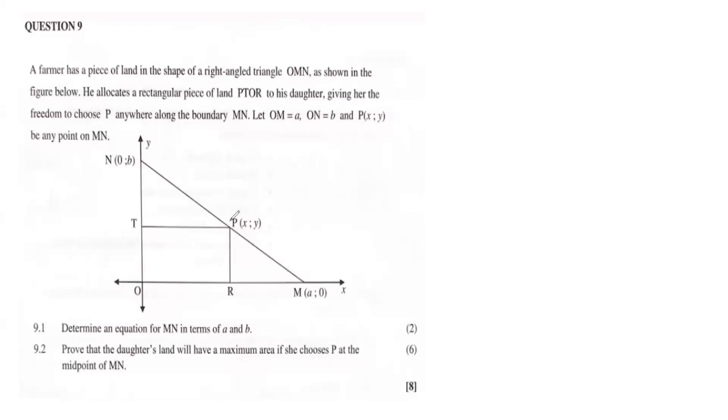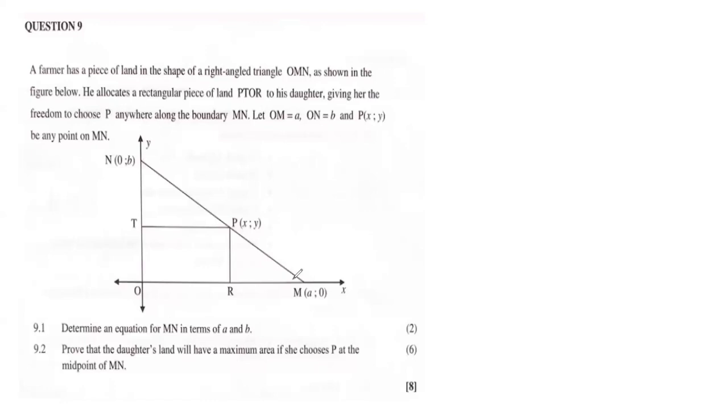So P can be anywhere along the boundary MN, which obviously would shape this rectangular shape differently. And then let OM be equal to A, ON be equal to B, and P(x, y) be any point on MN. Then 9.1 says determine the equation of MN in terms of A and B.